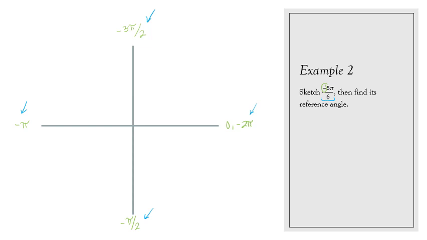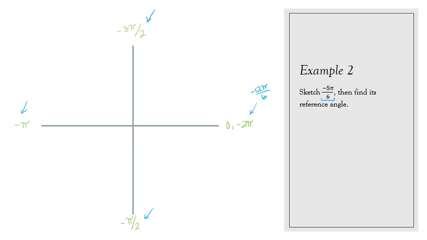That gives us maybe a better way of understanding exactly where this angle's terminal side should be. So for example, negative 2 pi, if I were to represent that in terms of a denominator of 6, I would need to multiply by 6. So I'd get negative 12 pi over 6.